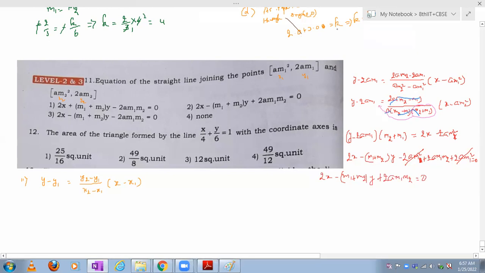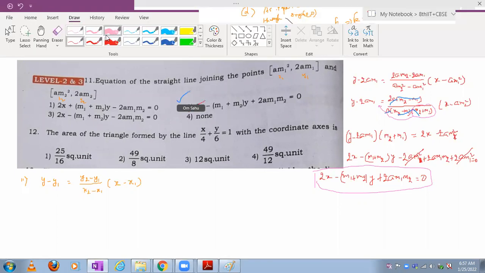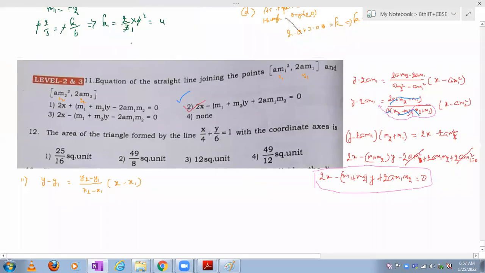Got it, Rakshit? Which option is correct now? Second option, right? Okay, sir. Are you able to follow, Rakshit?